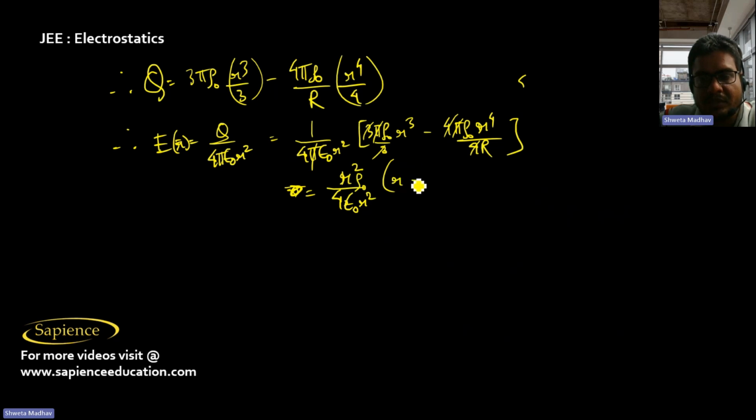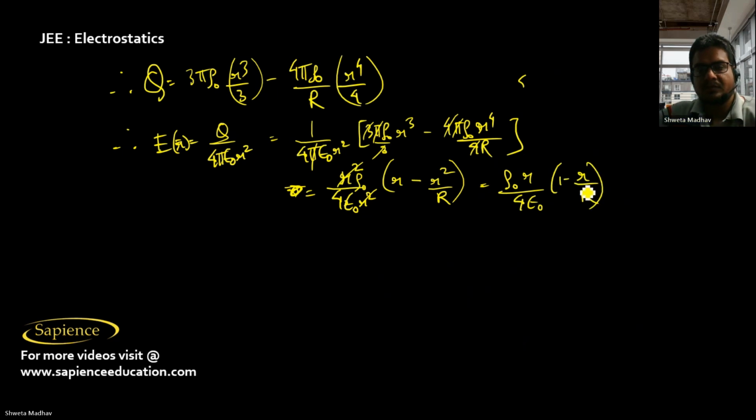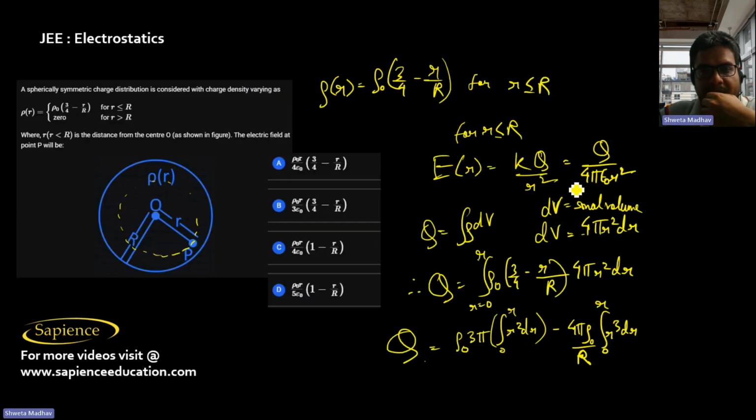The r square will cancel, then r if I take as common outside, this will be rho naught r by 4 epsilon naught into 1 minus r by R. So option C is the correct answer.